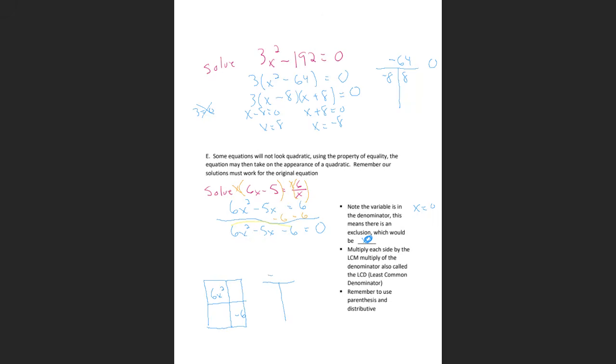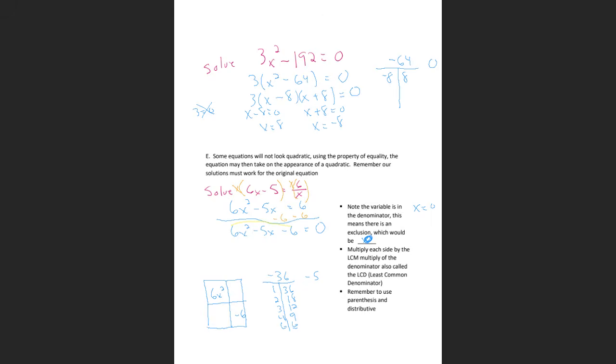So this is going to be a negative 36, but I still have to get a negative 5. So we're looking for the factors of negative 36 that add up to negative 5. I'm just going to go in order here: 1 and 36, 2 and 18, 3 and 12, 4 and 9, and 6 and 6.